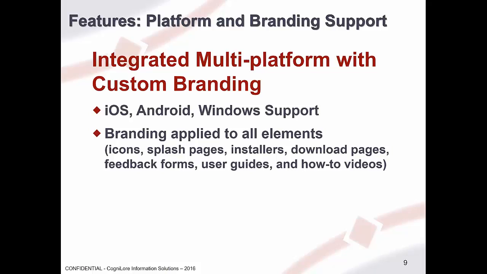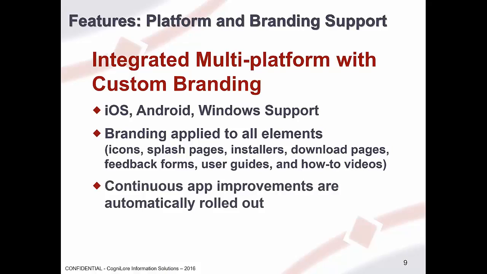So it's completely branded to your organization. And it even gets updated over time. As we create improvements to the product and we're constantly adding new features to our system, those improvements are going to go out to your collection of applications and into the hands of your users.